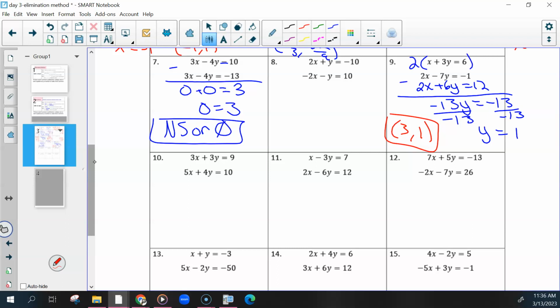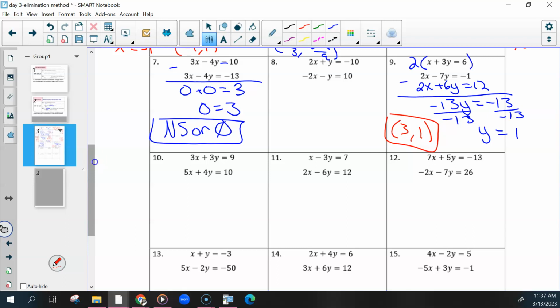Let's try another. 10. Do we have common coefficients? No. So we need to make one of them common. Does not matter. Do we want to eliminate x or y? Okay. So if you want to do y, you're more than welcome to do that.